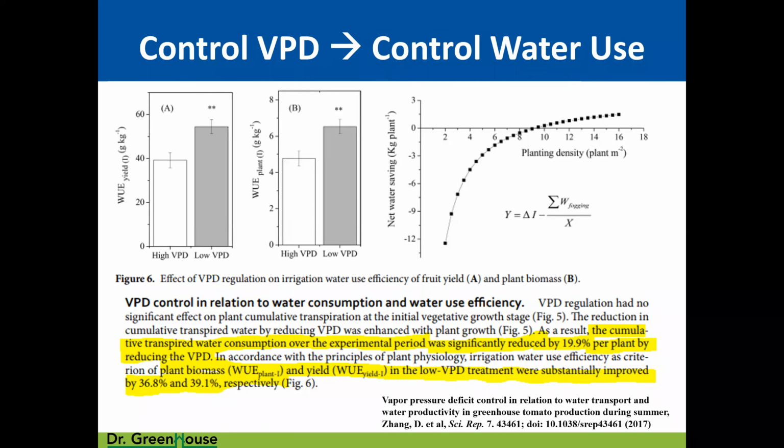Same with plants. If they're growing in a very dry condition, they need more water, right? Or they're going to ask for more water, and as long as you give it to them, they're going to be fine. If you don't, they're going to wilt. And so if we actually lower the vapor pressure deficit, give it a slightly higher relative humidity, you can actually increase your water use efficiency.